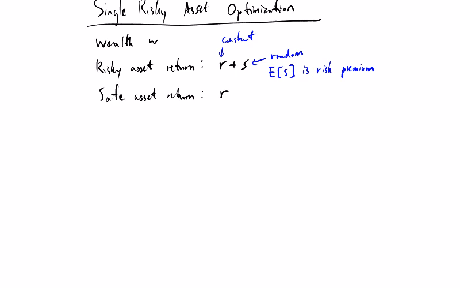Now, if you start with wealth W and you decide to invest a certain amount into the risky asset, this is the part where we have to be careful. We're going to talk about theta as the dollar amount invested. So theta is the dollar amount. To make it clear, you're going to invest theta dollars into the risky asset.